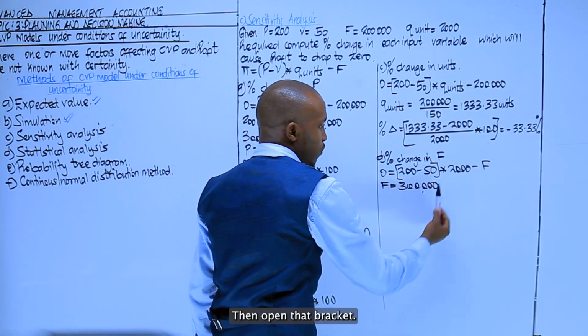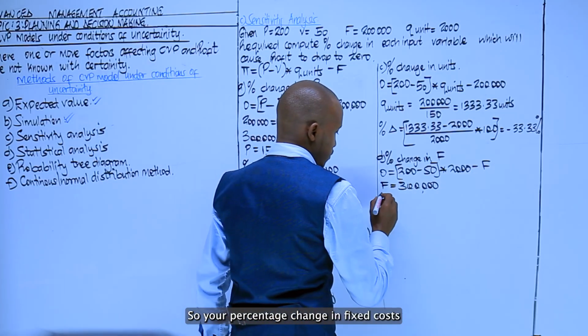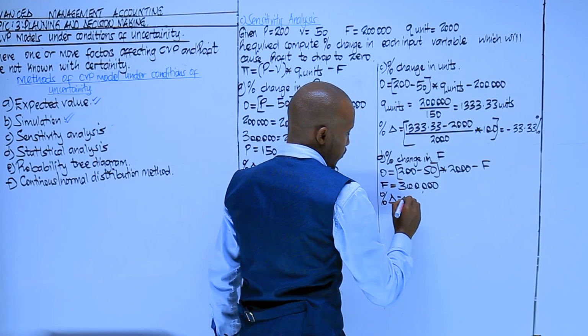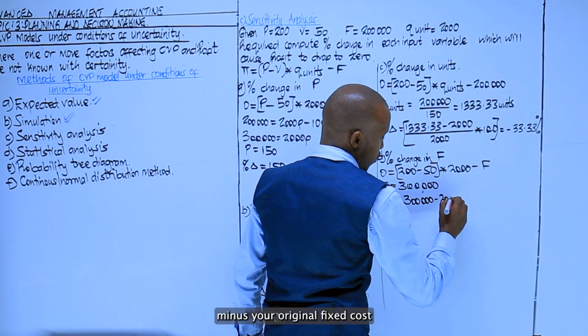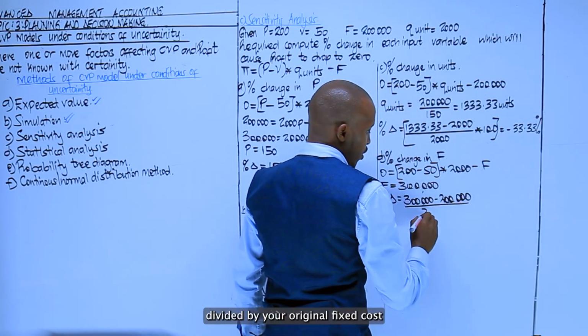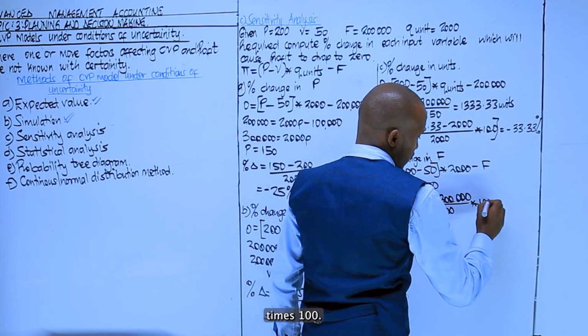Then open that bracket. Your percentage change in fixed costs will be your new fixed costs minus your original fixed costs, divided by your original fixed costs, times 100.